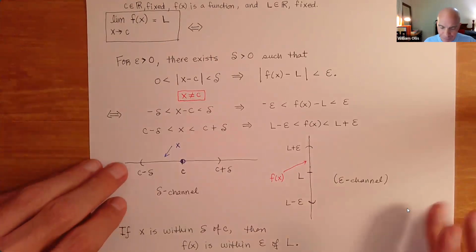Okay, so let's look at some more examples of this. Before we look at some instances where the limit doesn't exist, let's just get our feet wet, so to speak, with the definition of limit.